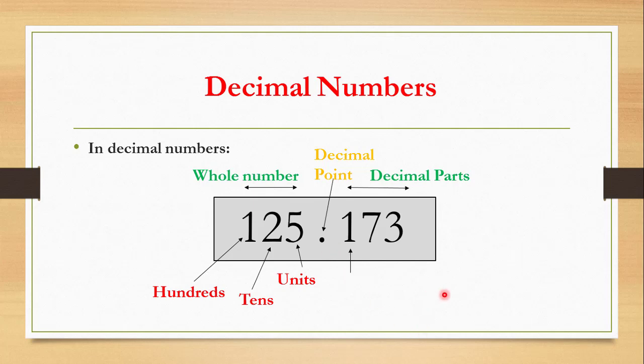This place is tenth, then hundredth and thousandth. So to the right of the decimal point we have the decimal part: tenth, hundredth, thousandth. To the left, the whole number: unit, tens, hundreds and so on.